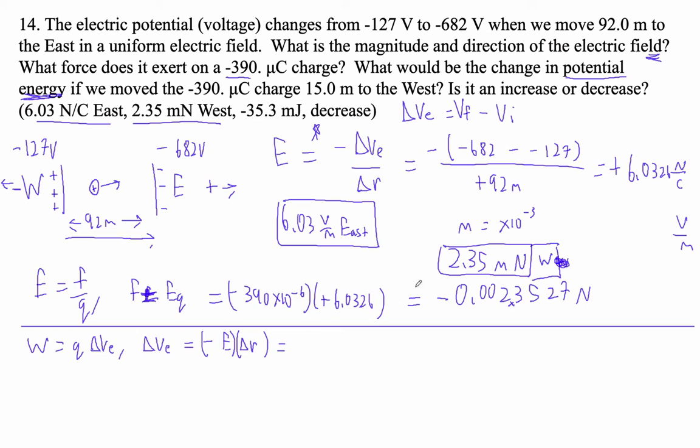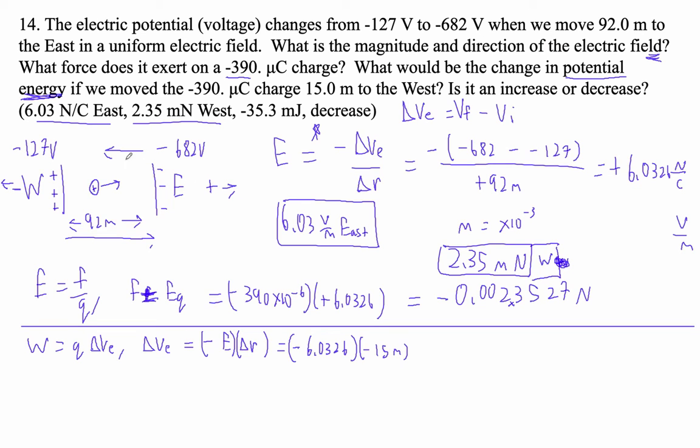So our electric field is 6.0326, so the opposite of 6.0326. And then we're moving it 15 meters to the west, and that's in the negative direction, right? So times negative 15 meters.